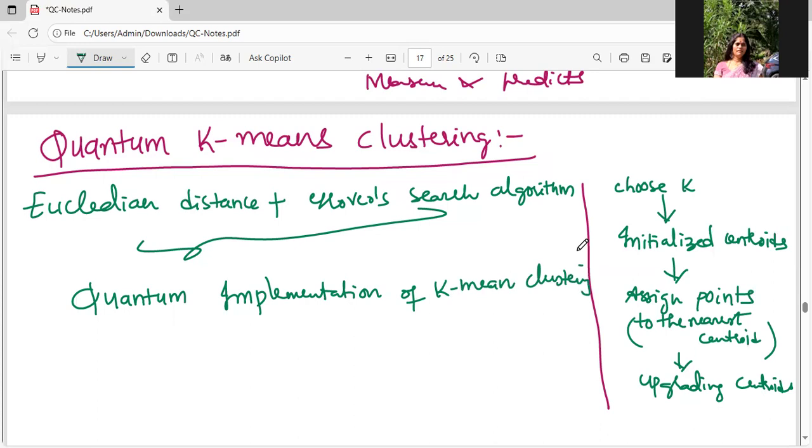The steps are almost the same, with the individual steps being carried out by quantum routines rather than the classical ones.